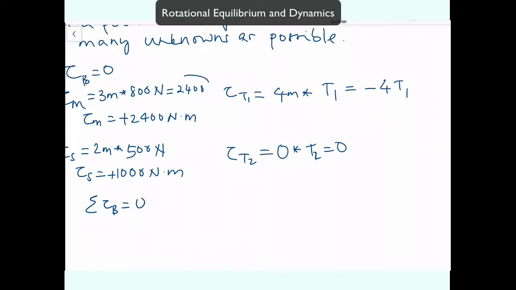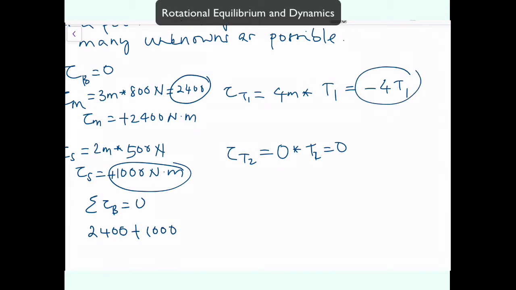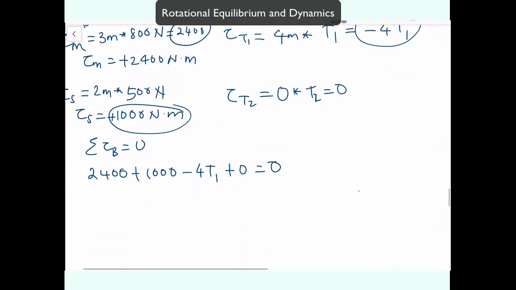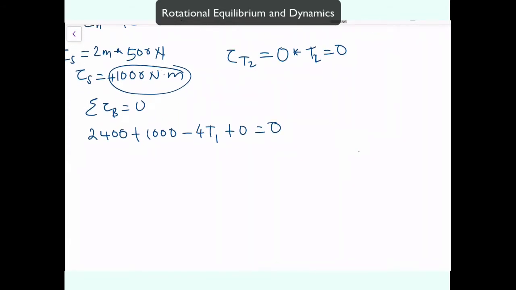So you have this 2400, you have this 1000, and you have this negative 4T1, and you have that 0, equals 0. So 2400 and 1000 is 3400 minus 4T1.